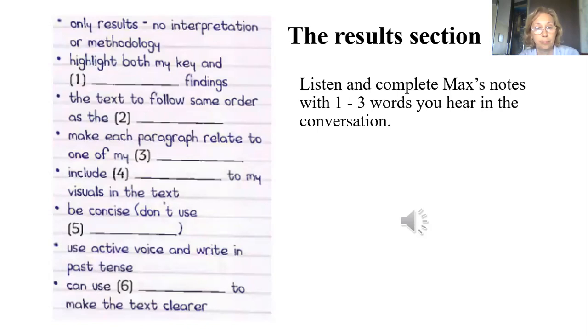Oh, and something else he says is try not to be repetitive in your structures. I often do that. Right. That's great, Florence. Thanks. One last thing. It is okay to use subheadings if it makes things clearer. For example, if you have done a few experiments and have a few different sets of results. Oh, right. I didn't know that. I don't think I'll need headings, but I'll keep it in mind.